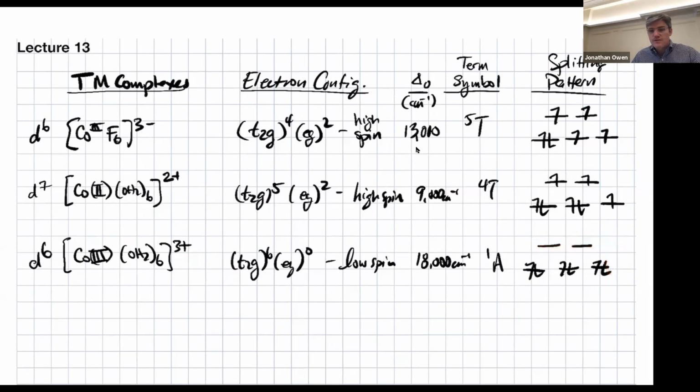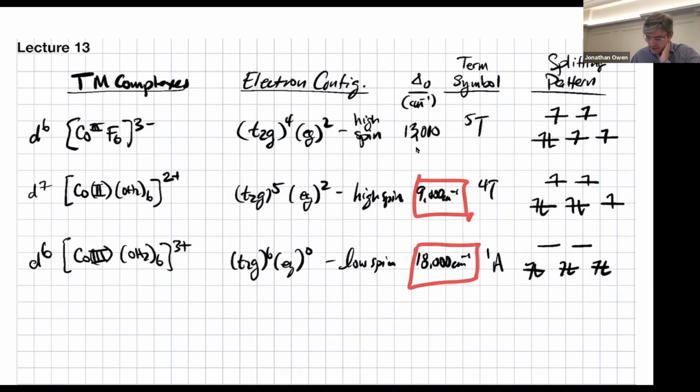And when you pull the ligands in more tightly, you're going to push this up in energy because the bond strengths are going to increase. So when you do that, you end up with a delta O that's 18,000 wave numbers instead of 9,000 wave numbers. And now promoting an electron to go to the high spin state is unfavorable.